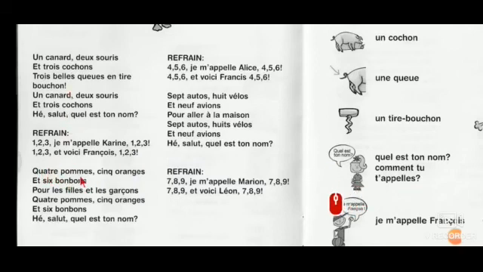4 pommes, 5 oranges et 6 bonbons. Pour les filles et les garçons, 4 pommes, 5 oranges et 6 bonbons.